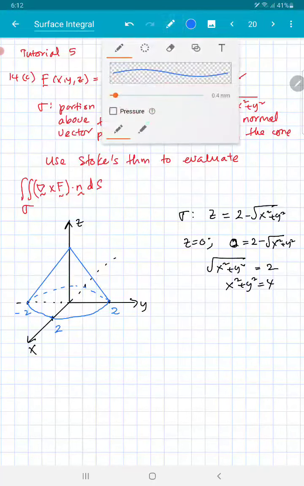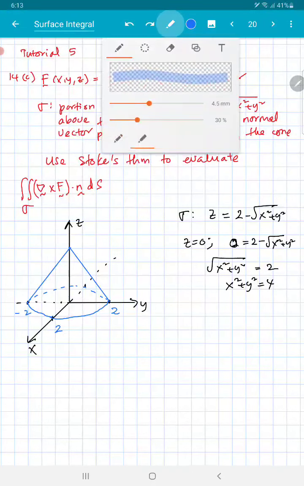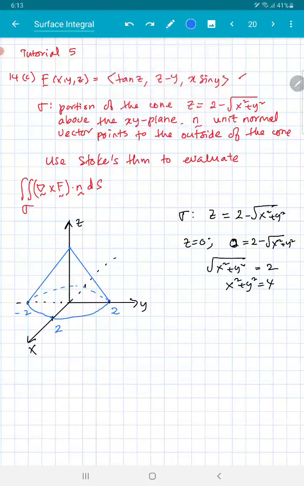That is our open surface, like that, all around. And it says the unit normal vector n points to the outside of the cone. So the unit normal vector would be pointing upwards, like that.